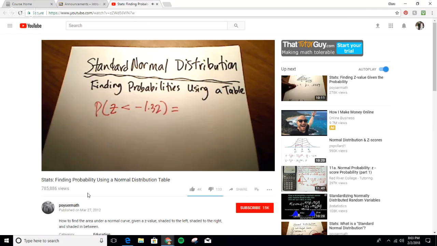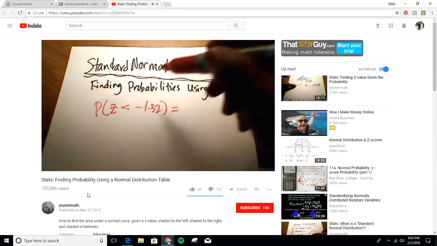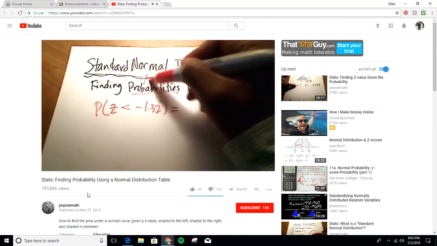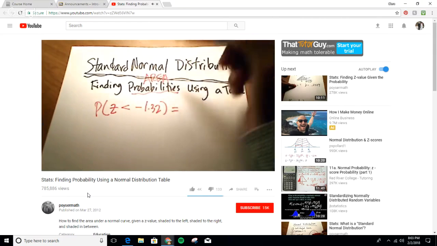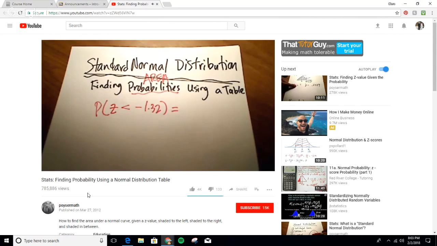Well, a probability, I want you to think, is simply an area. It's an amount of area. And I showed in a previous video that the total area under a standard normal distribution bell-shaped curve.